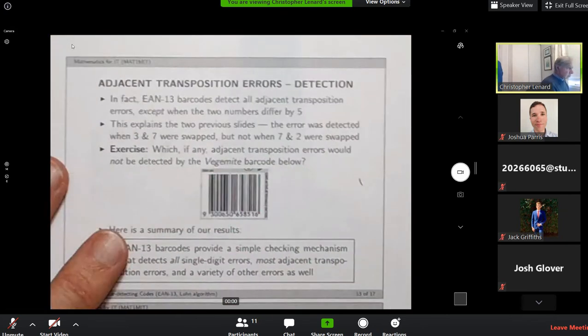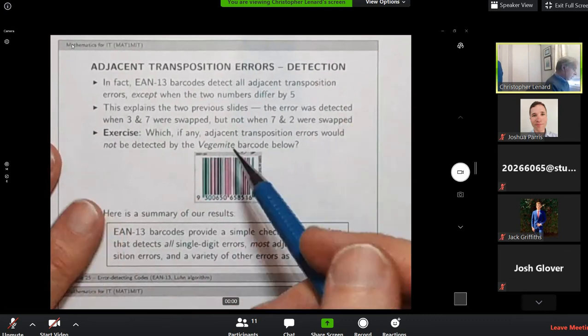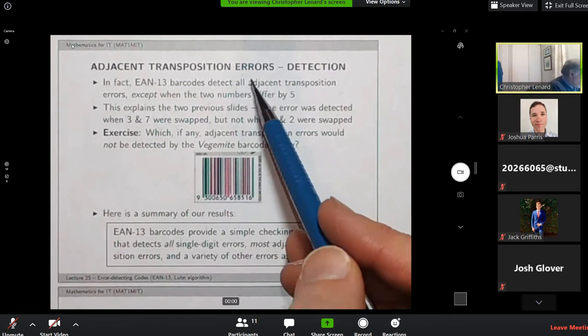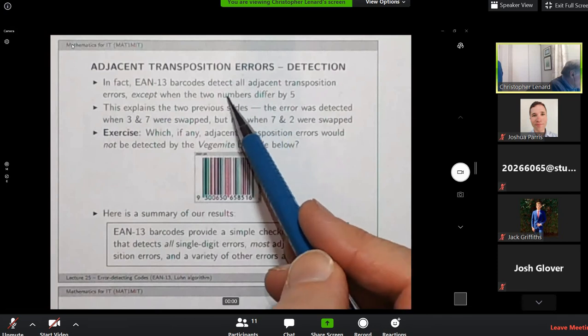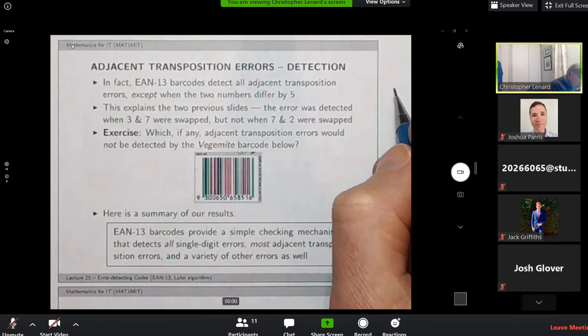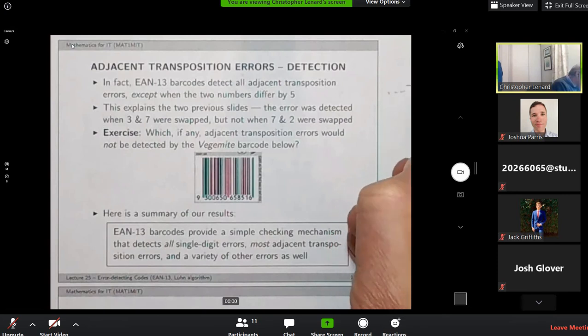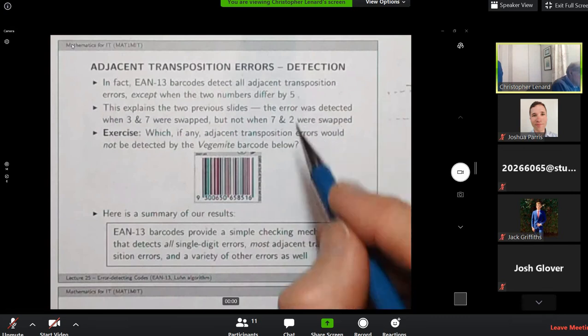And in fact, with a little bit of work, I mean, this is where the mathematicians come in, you can actually detect all transposition errors except for one sort, where the two numbers next to each other differ by 5. So we had something, something, 7, 2, something, something, and that was transposed to something, something, 2, 7, something, something. This didn't get picked up because 7 and 2 differ by 5.